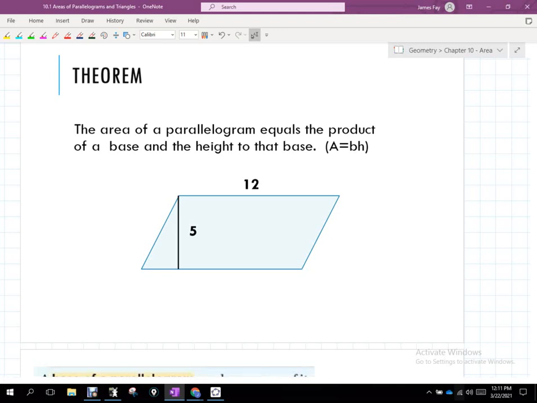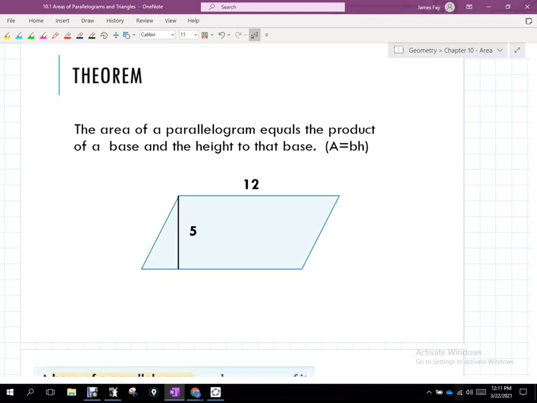So a parallelogram, I'll try to show you why a parallelogram is the same exact formula as a rectangle. Now, one thing to understand is that a rectangle is a parallelogram, right? A rectangle is a parallelogram. But the area formula for a parallelogram is BH. Now, B, the base, being the two sides that the altitude is drawn between.